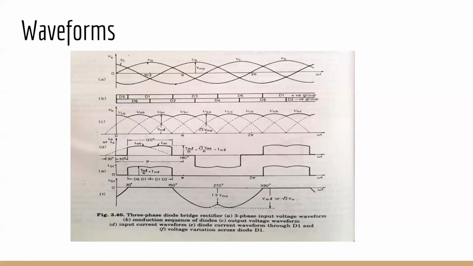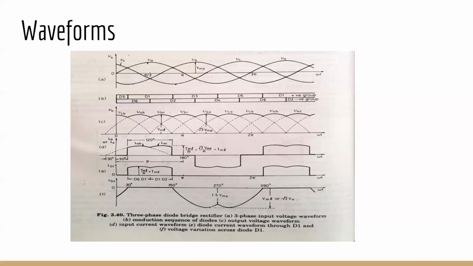Likewise, during omega t equals 30 degree to 90 degree, diodes D1 and D6 conduct. Conduction of diode D1 connects P to A and D6 to B. Therefore, load voltage during this interval is V naught equals line voltage VAB. Similarly, from interval 90 degree to 150 degree, diodes D1 and D2 conduct and V naught equals line voltage VAC.